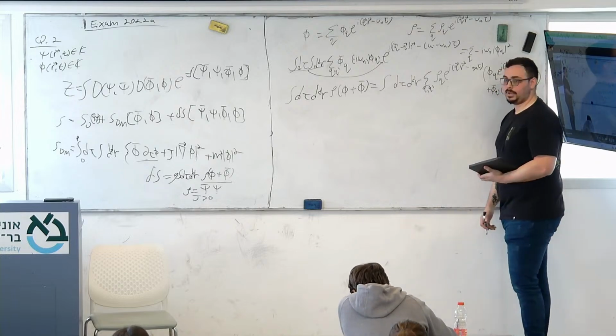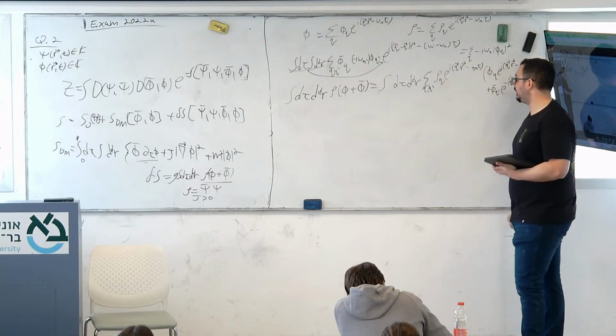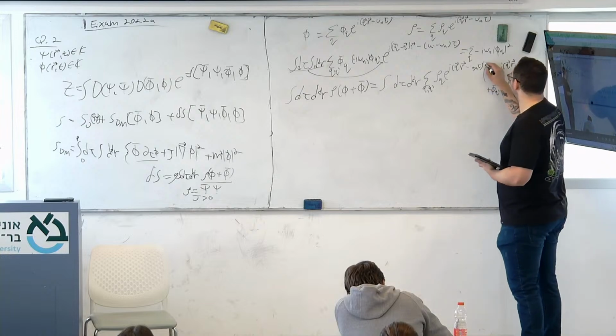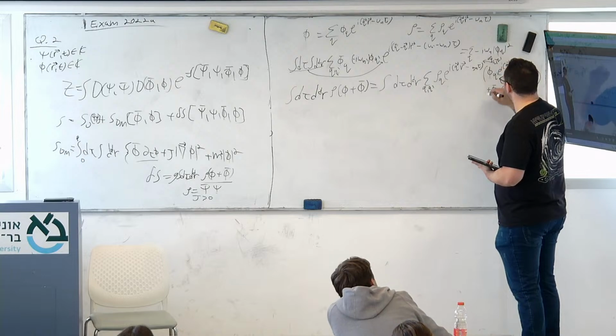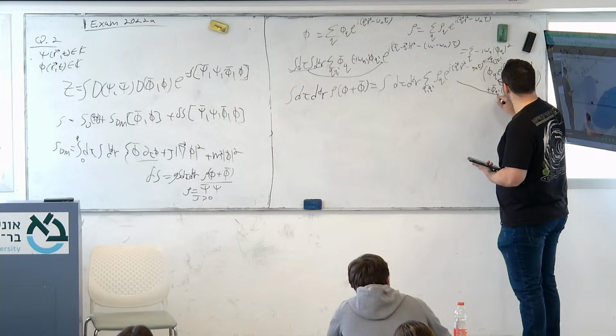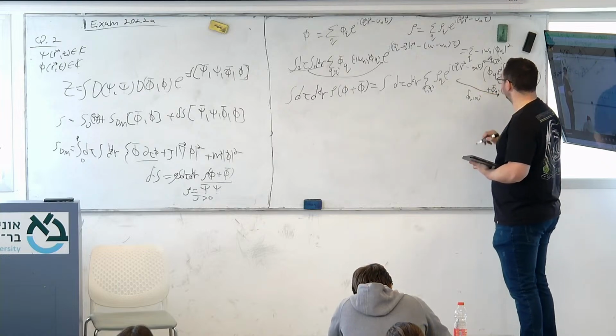Now we see here we have two different delta functions. These two together will give us delta q minus q tag, and these two together give us another delta.